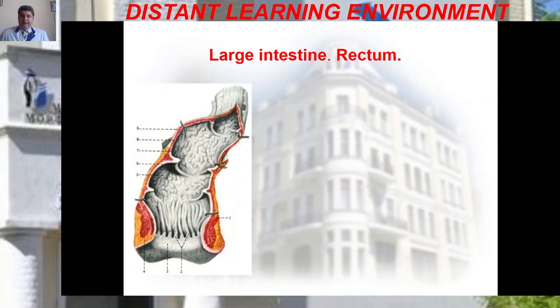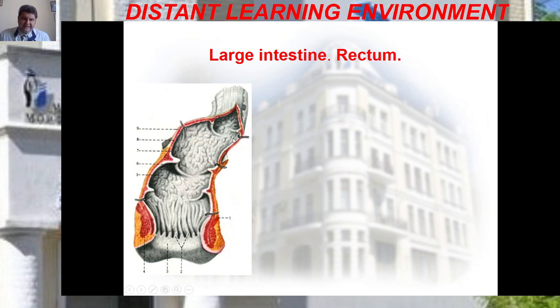So the terminal part of the large intestine is the rectum. You can see two main parts: the ampulla to store these masses, and the anal canal to evacuate undigested masses to the external environment.